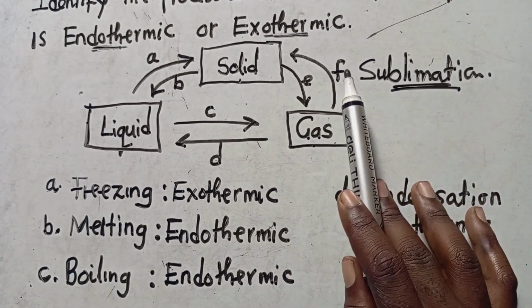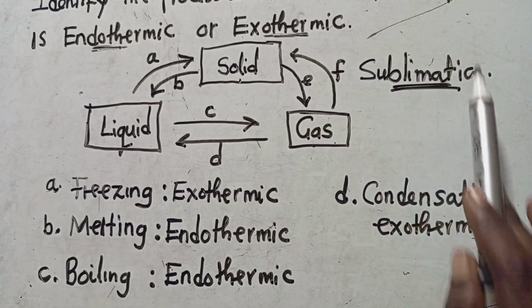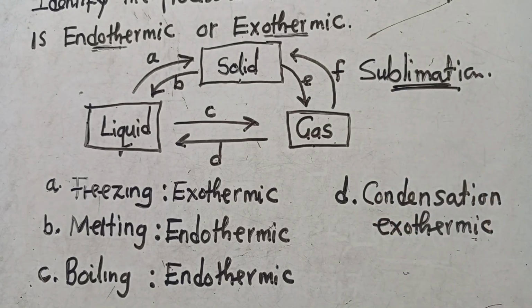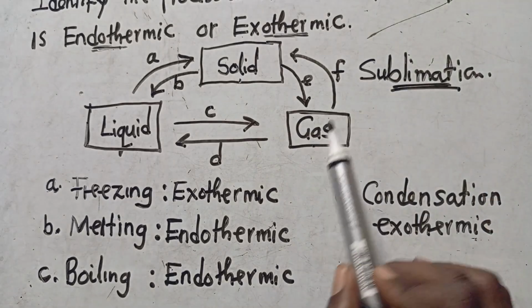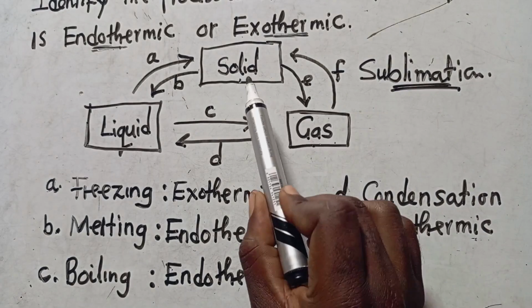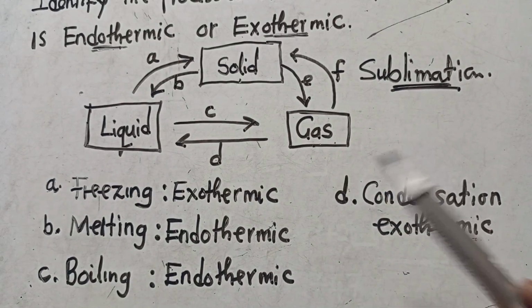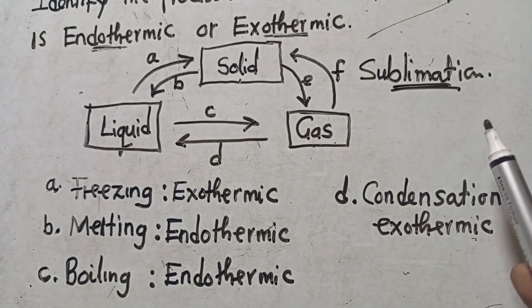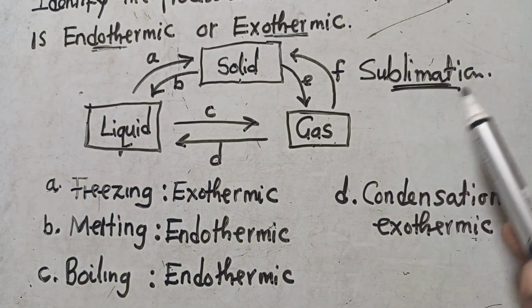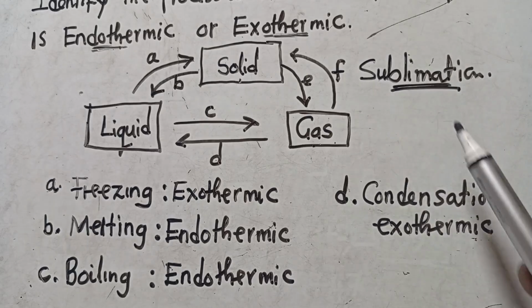So process E and F, both processes are sublimation because this is a direct change of a gas to a solid or a solid to a gas, a direct change. This is just sublimation, direct change.